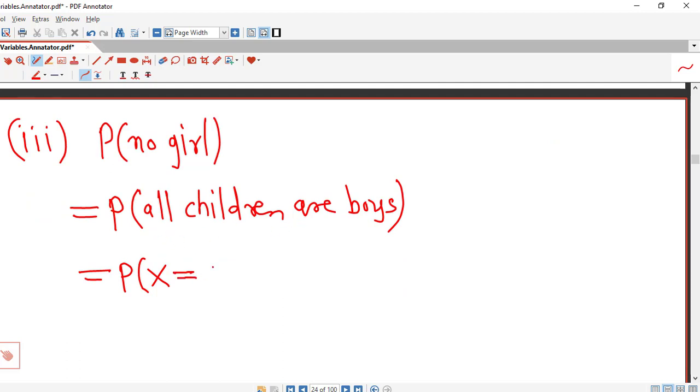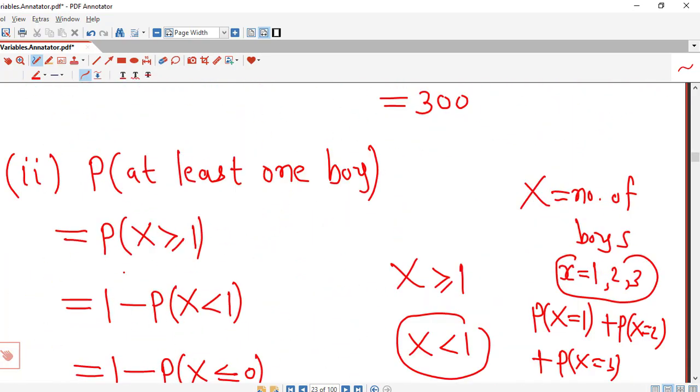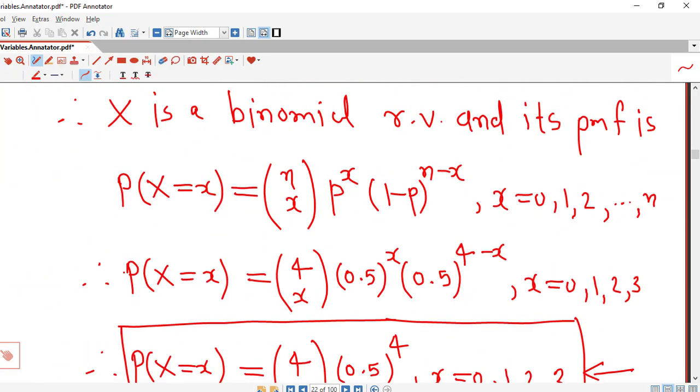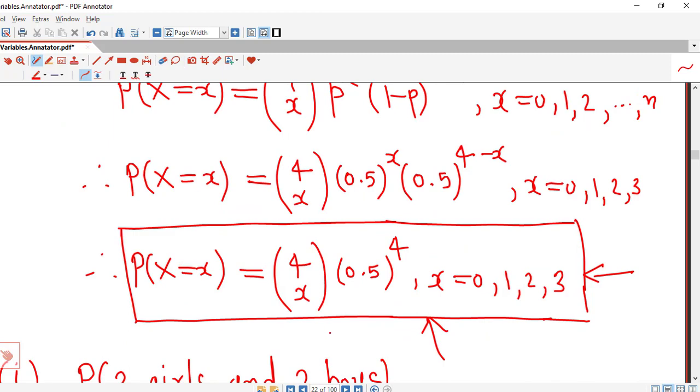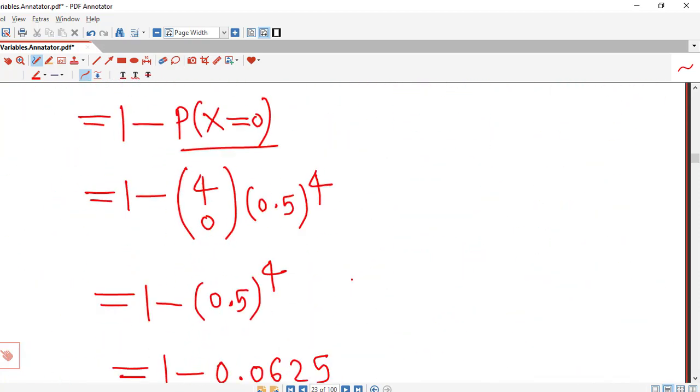That means there are 4 boys. So we have to calculate the probability that x equal to 4. Again we use that probability mass function. We put x equal to 4 here, so we have 4C4 times 0.5 raised to 4.